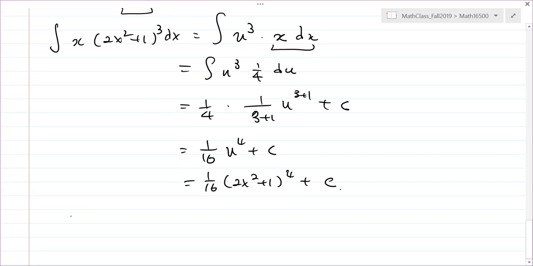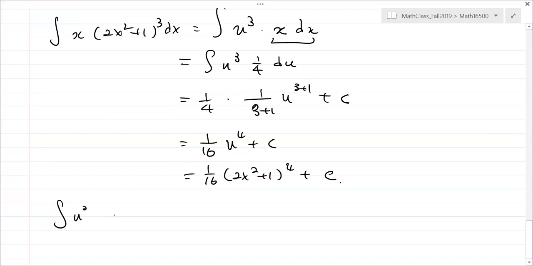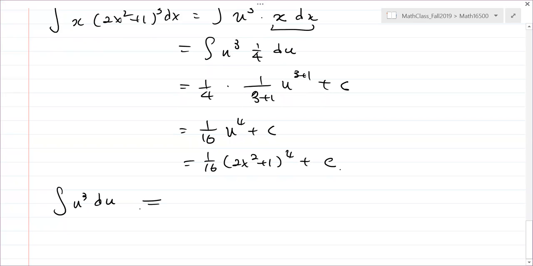Even this integral can be expressed in a slightly different way. You can let t be a quarter of u to the 4th power. Then dt equals u cubed du, so u cubed du is just dt.